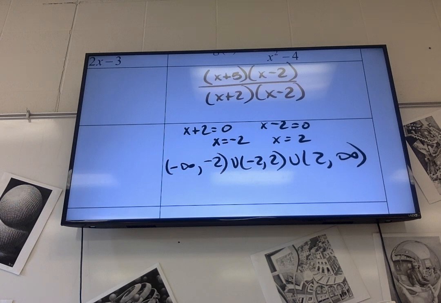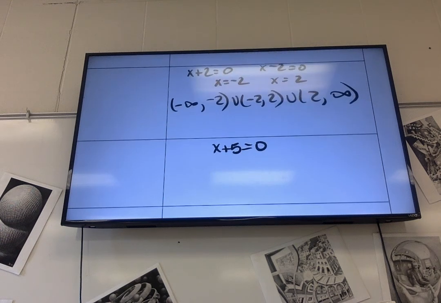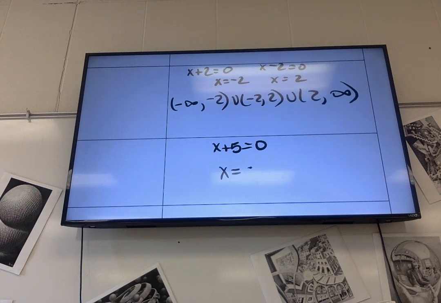Then for the zeros, well, I look up here at what cancels. I don't use that. I use what's left over in the numerator, which would be x plus 5, and I set that equal to 0. So the zeros of the function, or 0 in this case, is x equals negative 5.